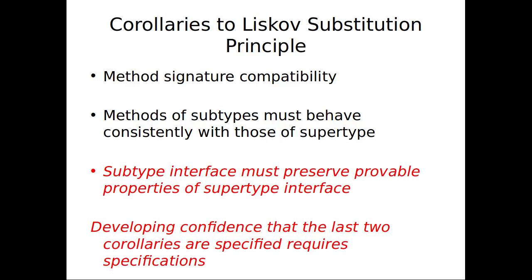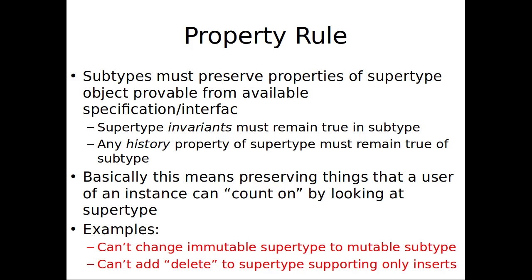The subtype interface as a whole must preserve properties of the supertype interface. And this means any collection of calling different methods. Okay? And by the way, these last two require specifications to reason about them reliably. They require some statement as to what these methods do. Okay? So the properties here go beyond methods in isolation to talk about two additional things.